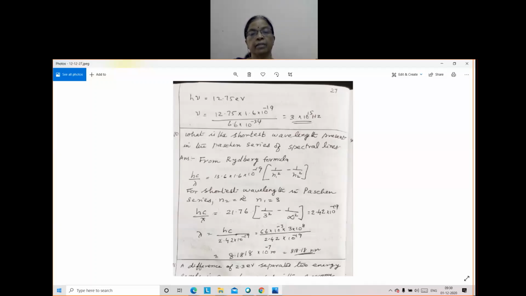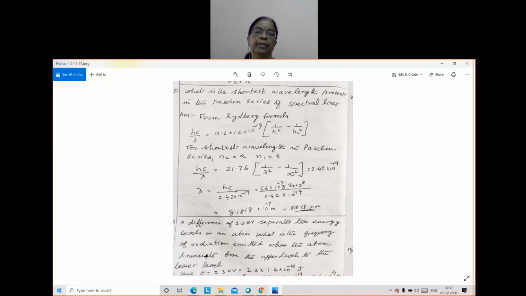If it is the maximum wavelength, which n2 will you give? n2 equal to 4. n1 is 3, that is a constant value. For the shortest wavelength, n2 is infinity, but for the longest wavelength, n2 you give 4, just the next number. Then you do the calculation to get the answer in meters. Here it is written in nanometers.